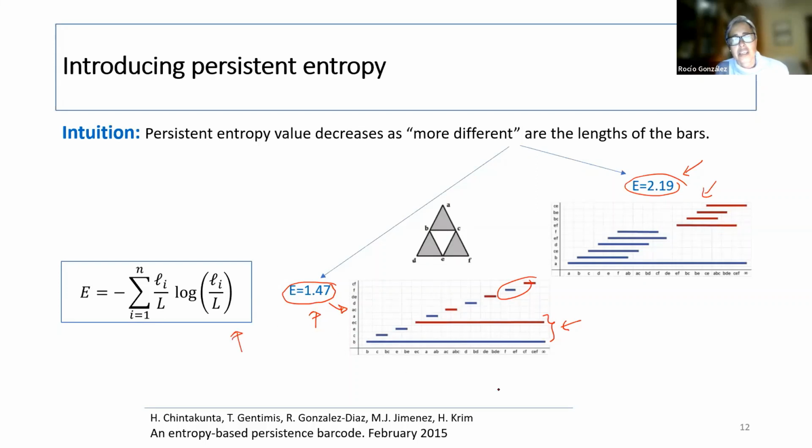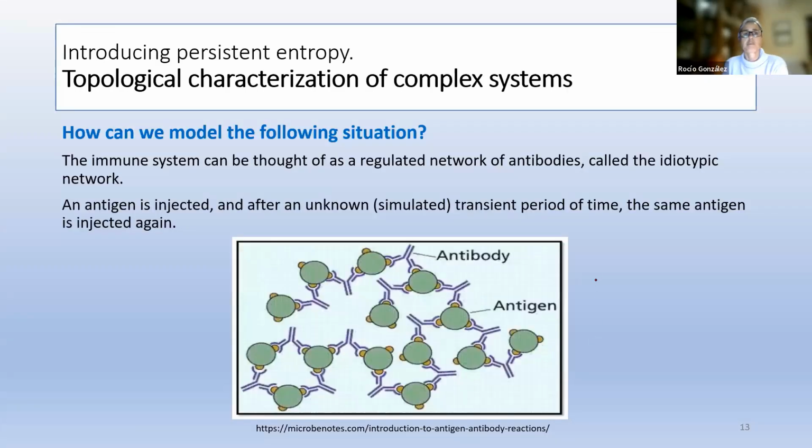Also, in this paper, we didn't call it persistent entropy. The people that called this formula persistent entropy were the people from the University of Camerino, and they applied it in the following situation. They consider a set of antibodies, that is an immune system.